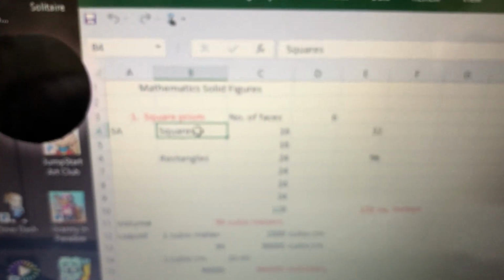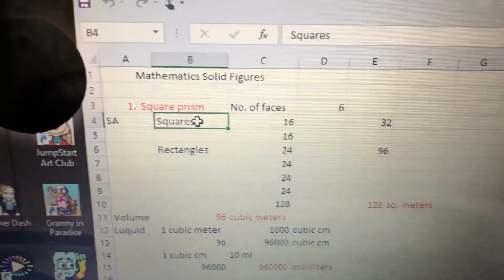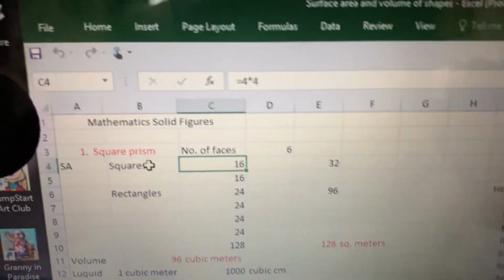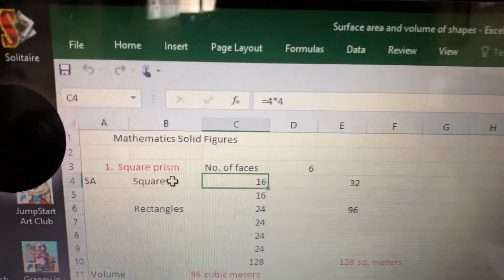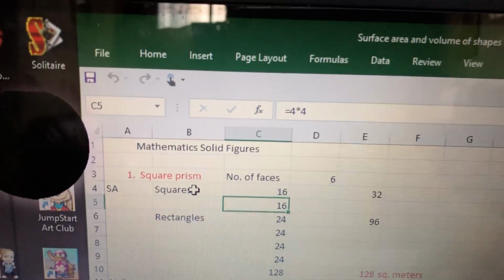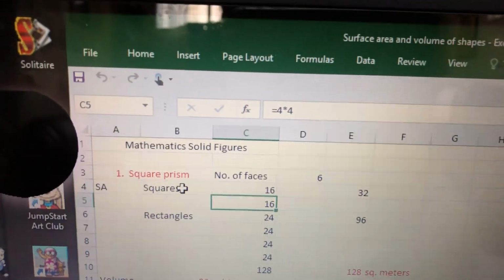Looking at Microsoft Excel, this is the formula I made. We have the squares. I did 4 times 4 to give me 16, and this one is also 16.